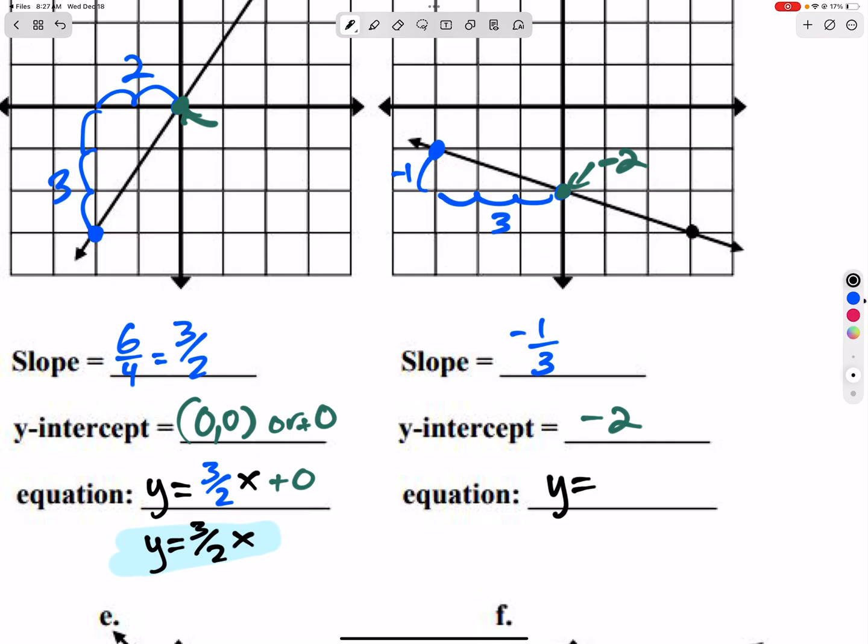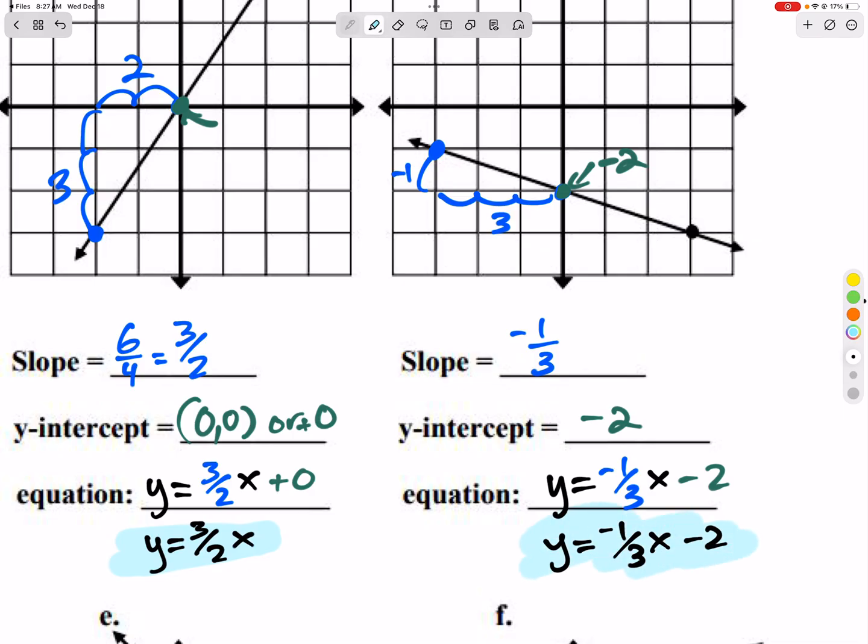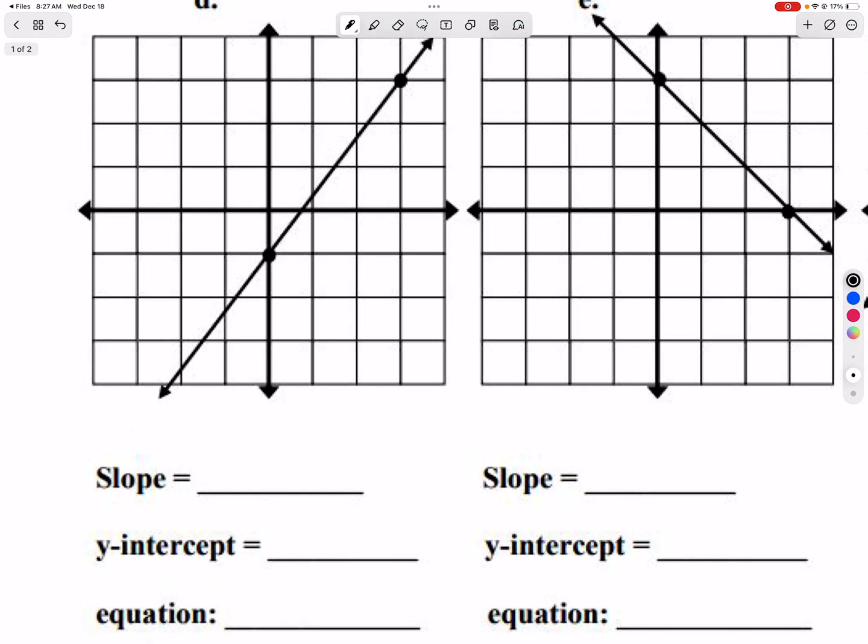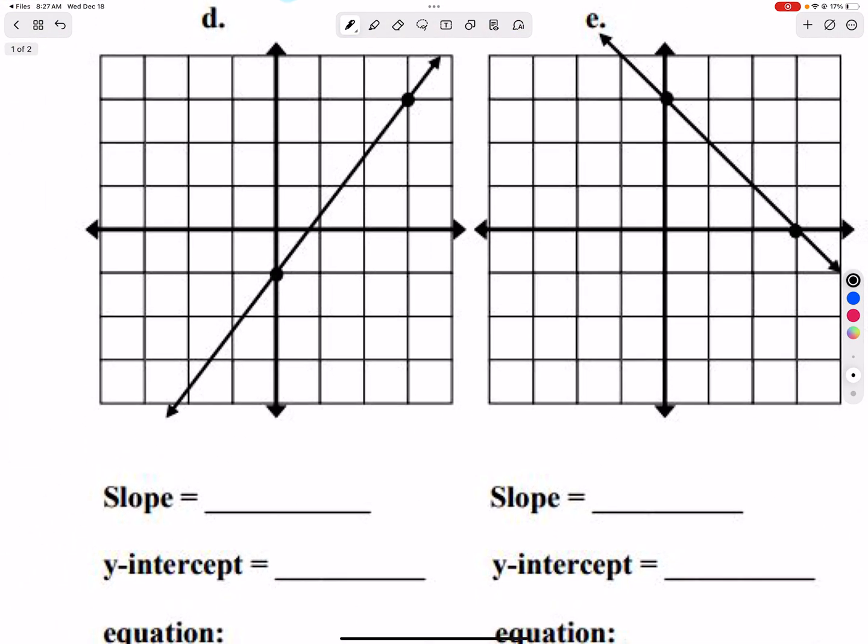So now I have y equals -1/3 x and then -2, aka I'll just put those in better, -1/3 x -2, and that's that. Done.